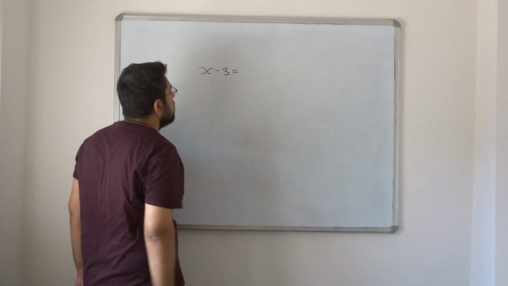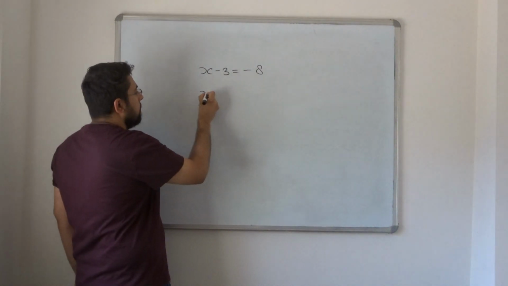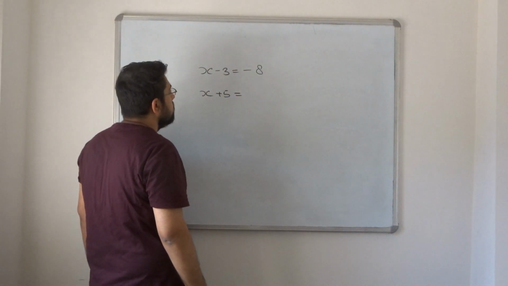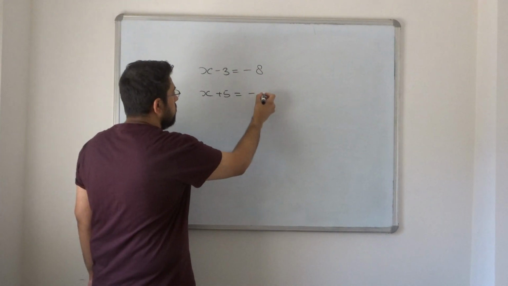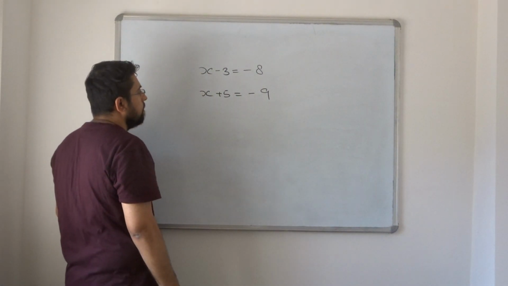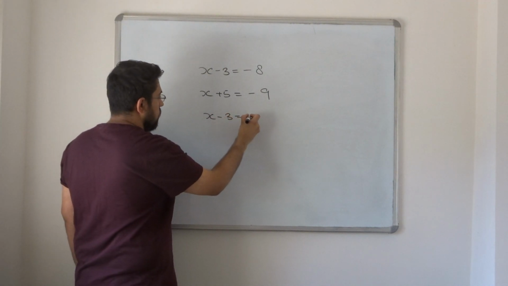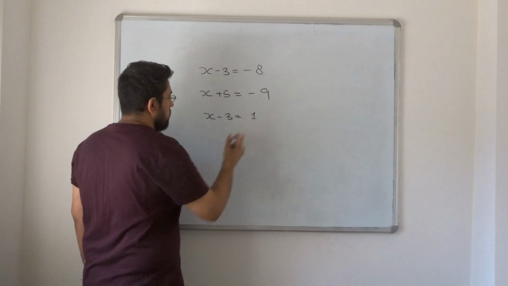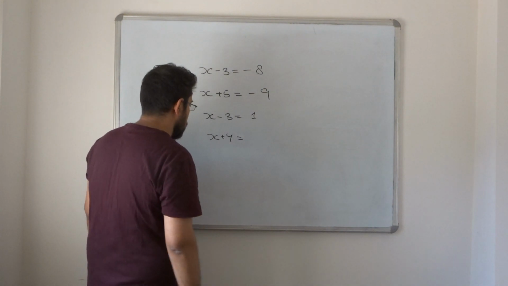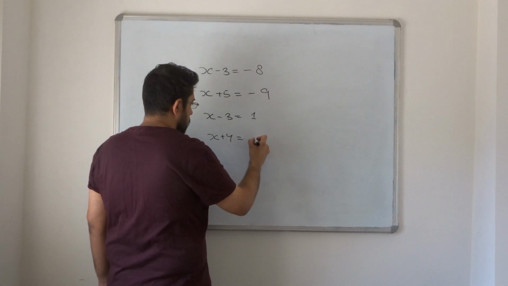So x minus 3 equals minus 8, okay? x plus 5 over negative 9, okay? x minus 3 over 1, okay? x plus 4, I don't know, over negative 2.